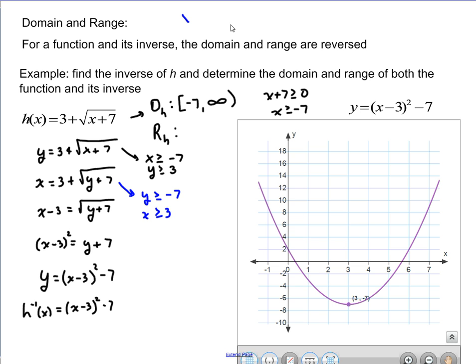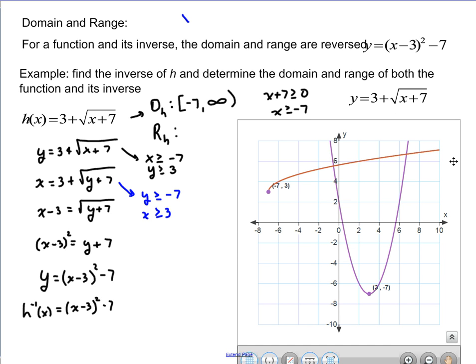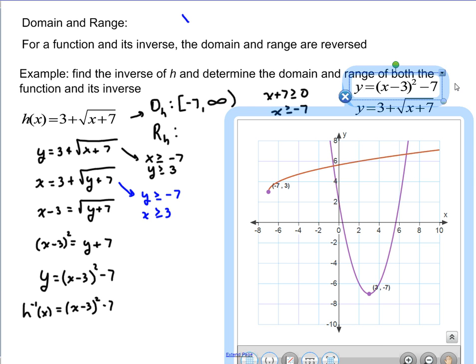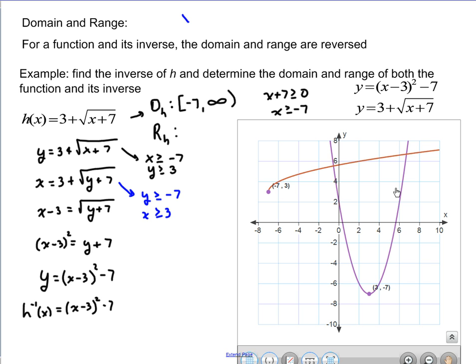But let's look at the graph of its inverse right here. We'll note that the graph of y equals 3 plus square root of x plus 7 right here in orange compares to the graph of y equals x minus 3 squared minus 7. We have to limit the graph of this second function, this function in purple, so that we only have one side.